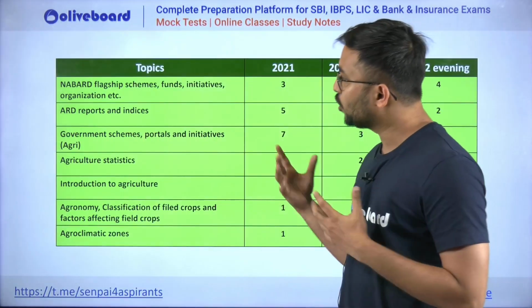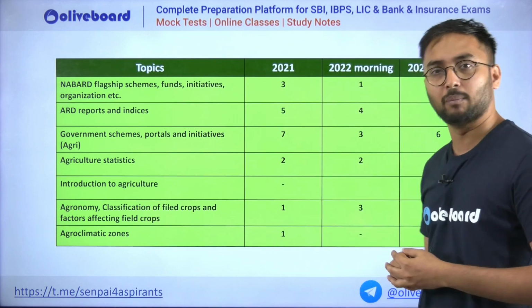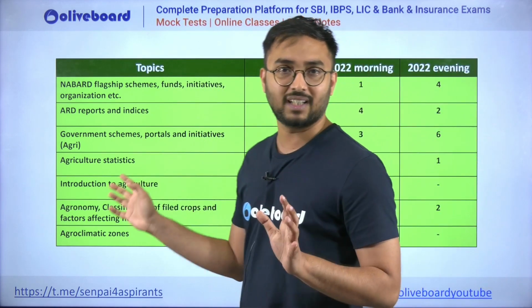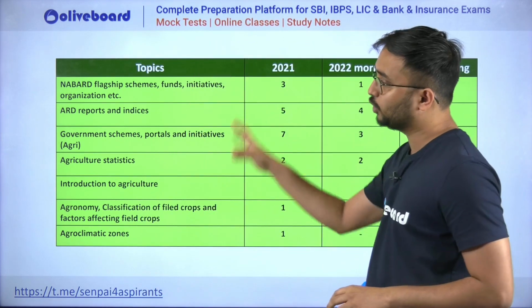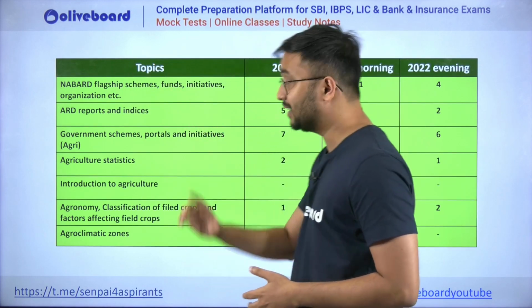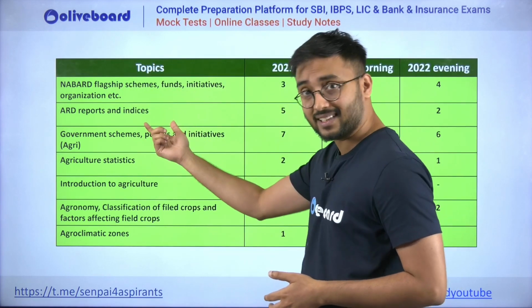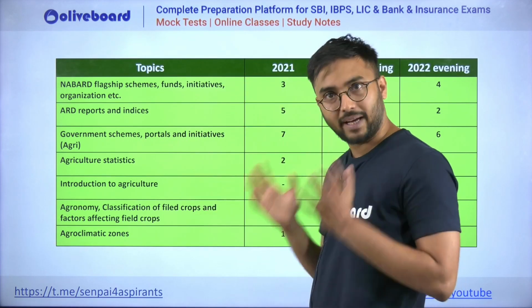First, you would all be knowing the topics which are important for your Nabard exam phase 1. In phase 1, ARD comes in the merit section. Important topics I have already told you: Nabard flagship schemes, agriculture related reports, indices, agriculture related schemes. Then comes our static main section.